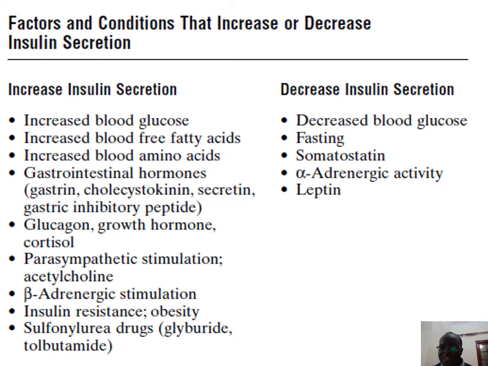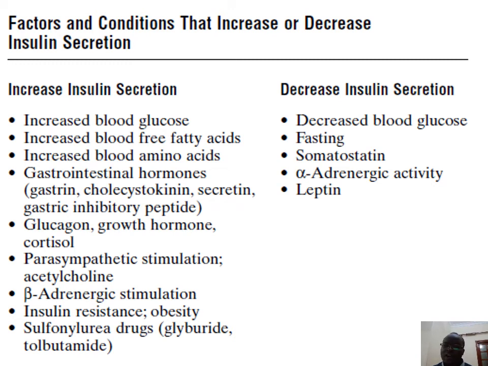Then the factors that are decreasing insulin secretion, we have quite a number of them as well. Decreased blood glucose is the opposite. Fasting is the opposite. So you're talking of hypoglycemia. Hypoglycemia is going to inhibit the secretion of insulin. Somatostatin is going to inhibit the secretion of insulin.